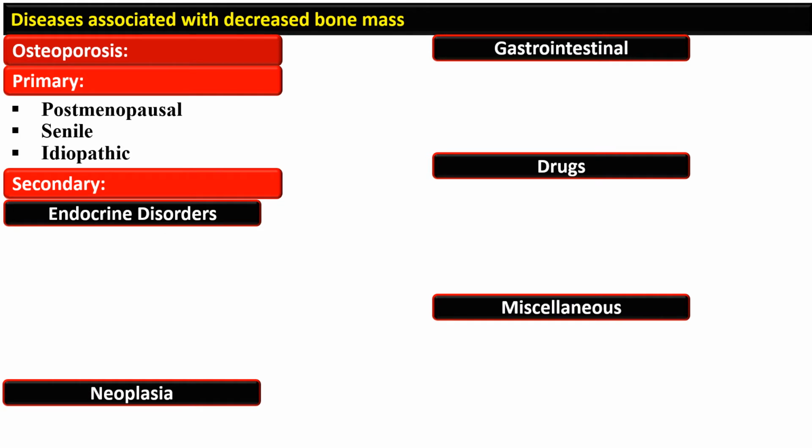Then what happens in type 2? The type 2 osteoporosis is basically due to osteoblastic functional insufficiency. Here the osteoclast function is normal, and the osteoblasts lag in synchronizing with their partner.